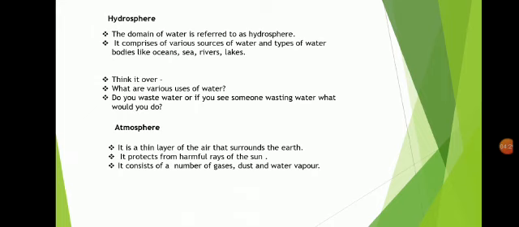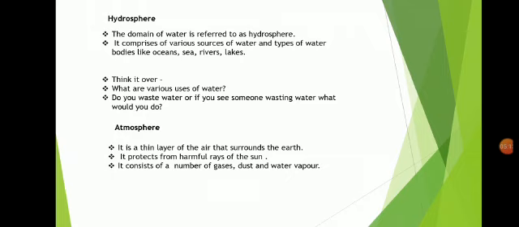No one charges us for water. But are we using it judiciously? Don't you think most of the time we waste water? And water is very essential for all living organisms. So we need to take care. We shouldn't waste water.